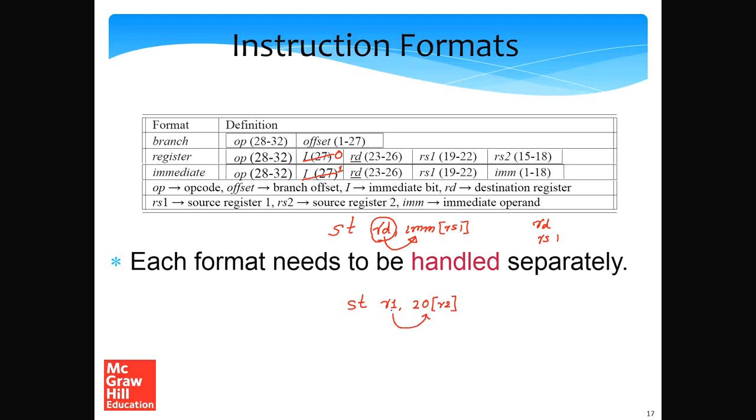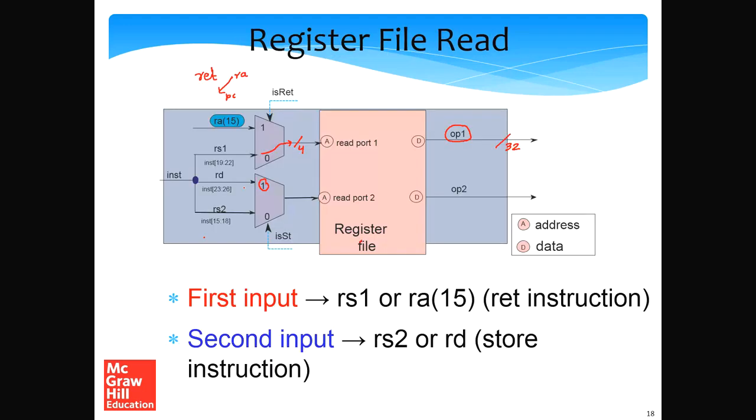The field in which R1, which is 0001, will be stored is RD in the instruction, and R2 will be stored in the field RS1. So the sources in the store instruction are RD, which is bits 23 to 26, and RS1, which is bits 19 to 22. That's the reason the store instruction will use the RD field, bits 23 to 26, as the input for the register file's read port 2.